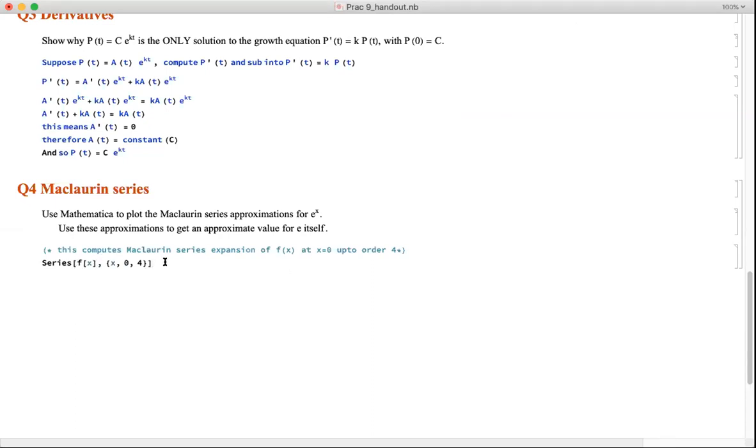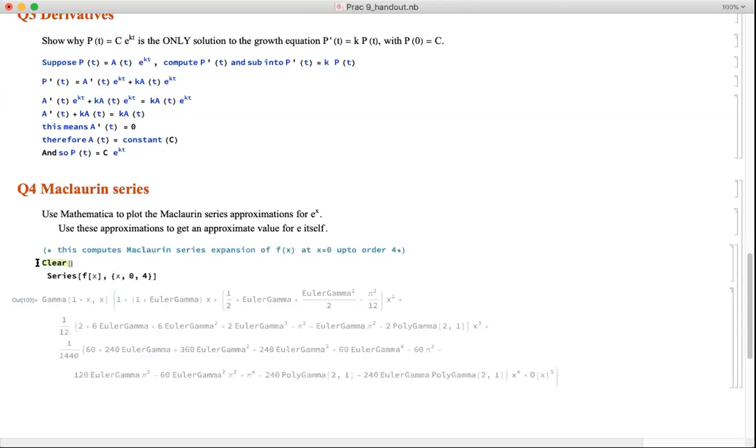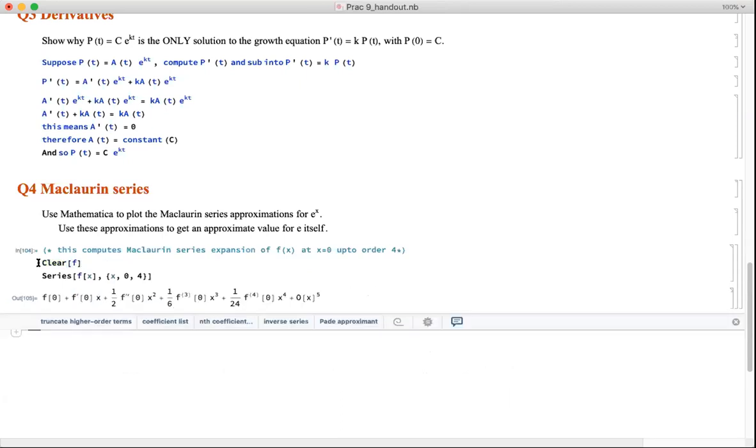Mathematica can recognize it as f(x), and then, oops, maybe I need to clear f. Right. But if you want to change the f(x) to something else, you can still use the exponential form.